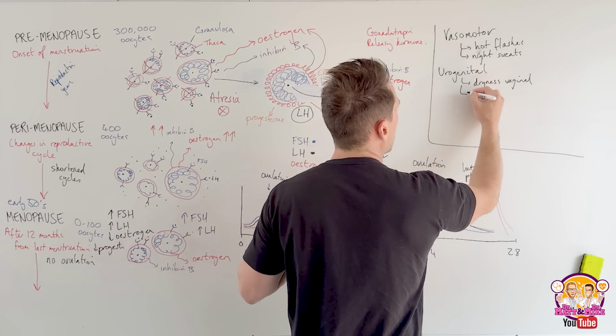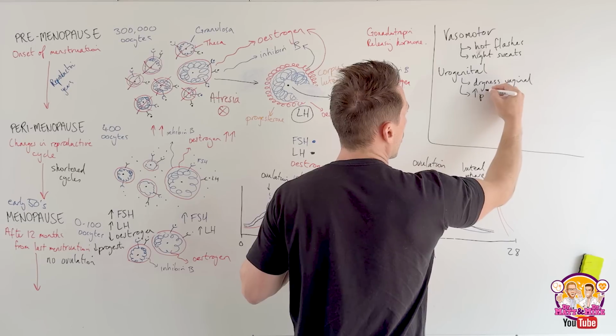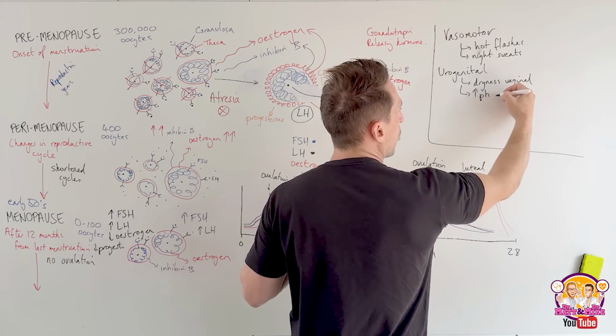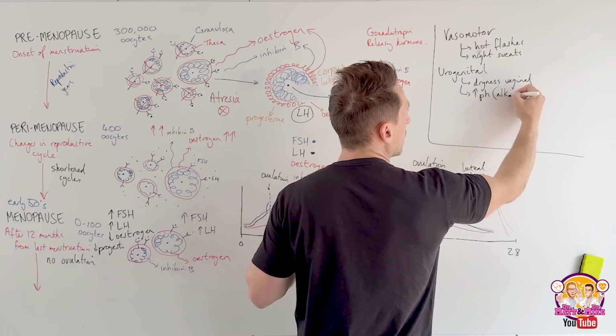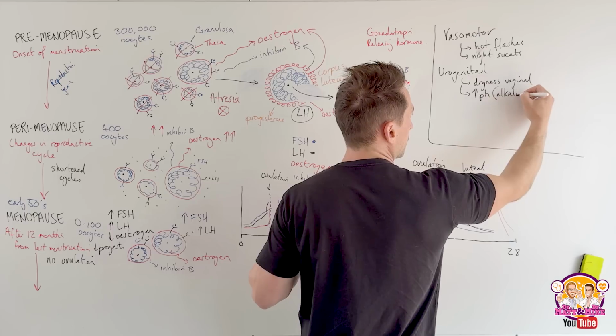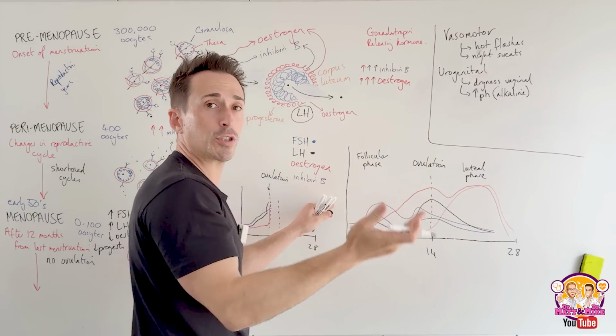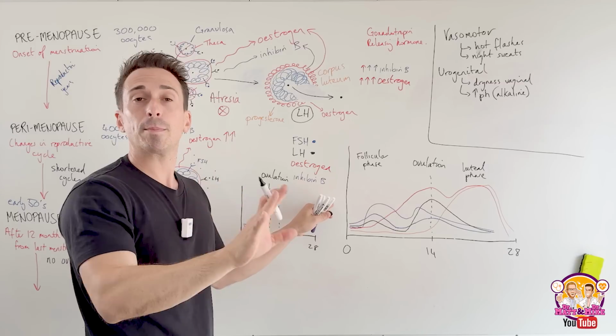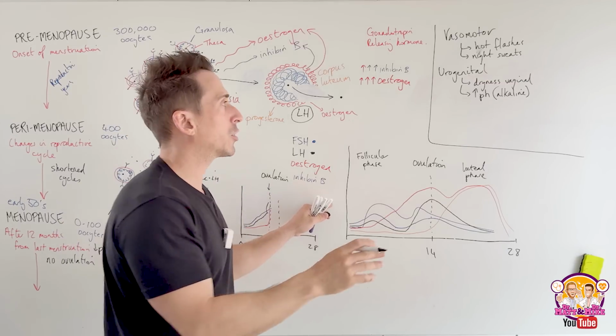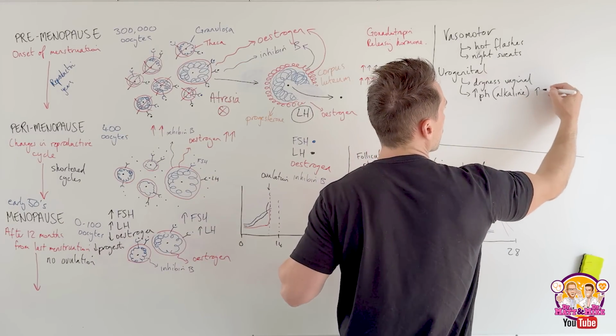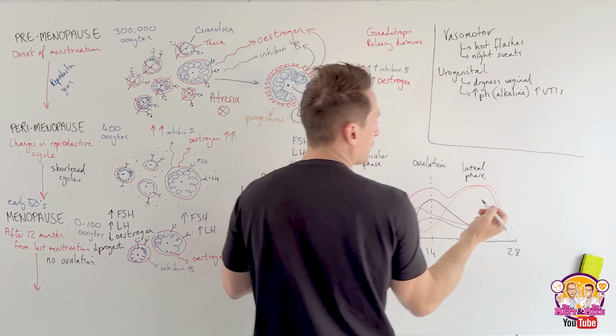Other effects include pH change. So the pH tends to go up, so that means more basic or more alkaline. Now the problem with that is that it's a low pH in the vagina that usually allows for stopping bacteria, killing bacteria off. So increased risk of UTIs because of that reason.